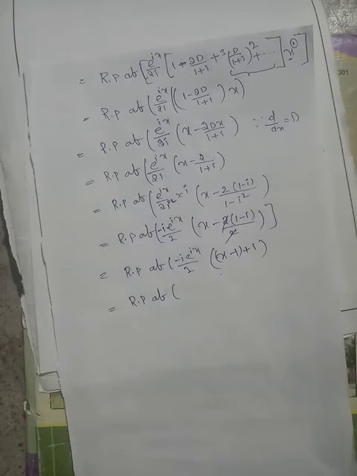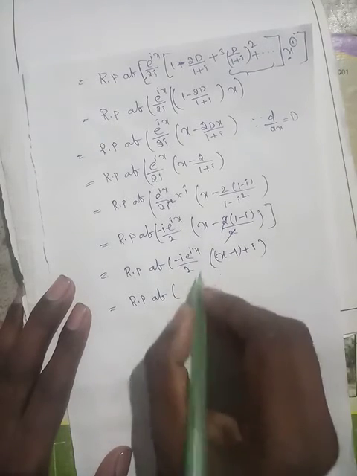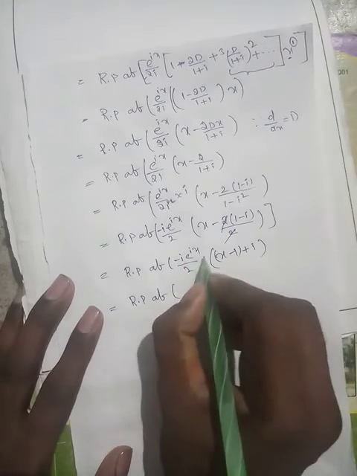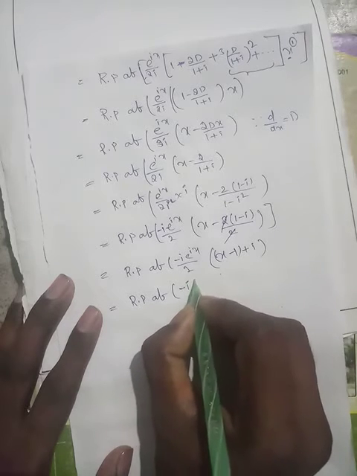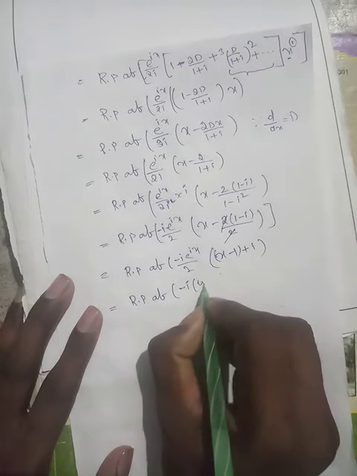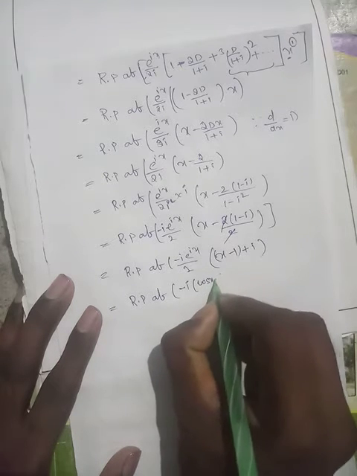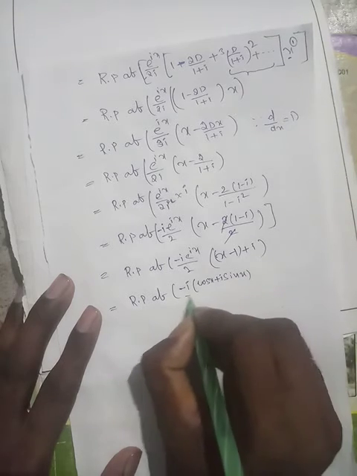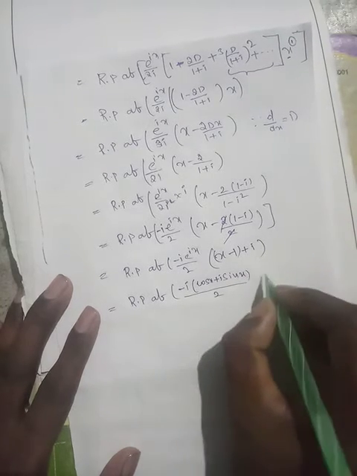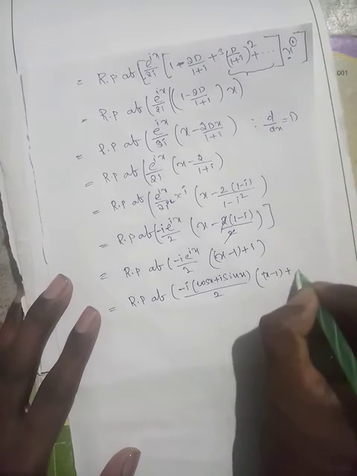So what I'm doing here, e power ix equal to what? So minus i e power ix equal to, I'm expanding e power i theta by using that formula, so cos x plus i sin x by 2 into x minus 1 plus i.